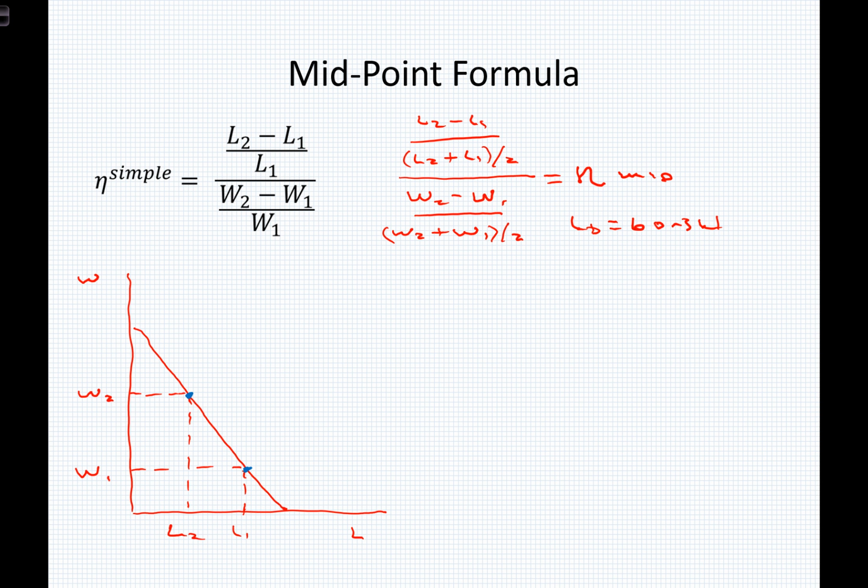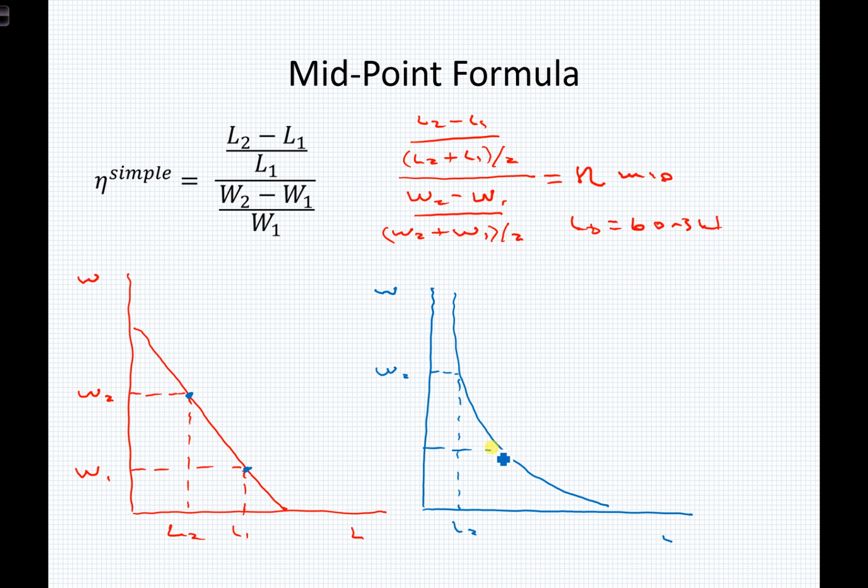But what if this is not a linear relationship? What if it's some decreasing demand curve at a decreasing rate? Well, let's look at this. A decreasing demand curve at a decreasing rate might look something like that. We still have wage. We still have labor. And let's assume we had some W2, which motivated some L2, and some W1, which motivates some L1.